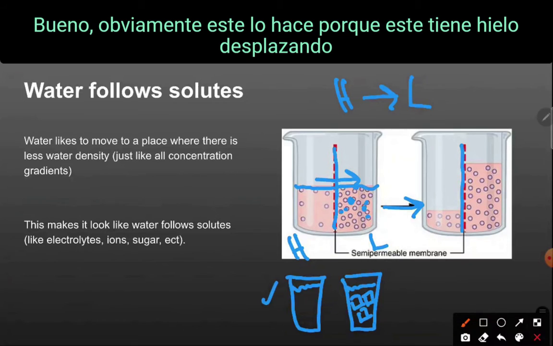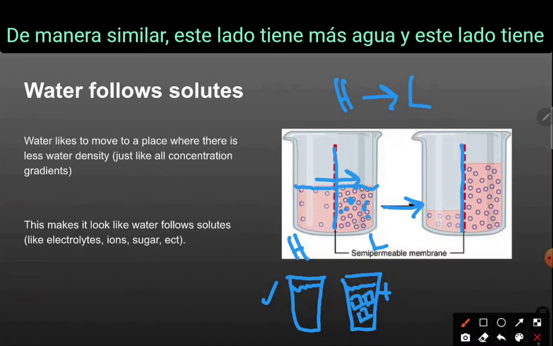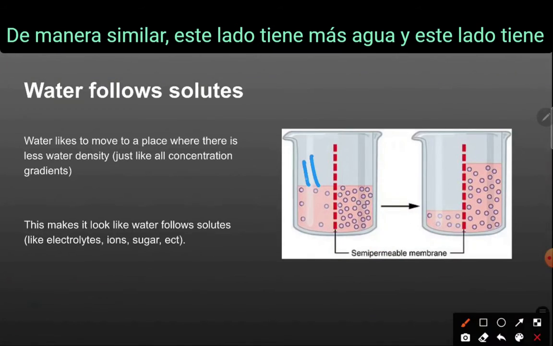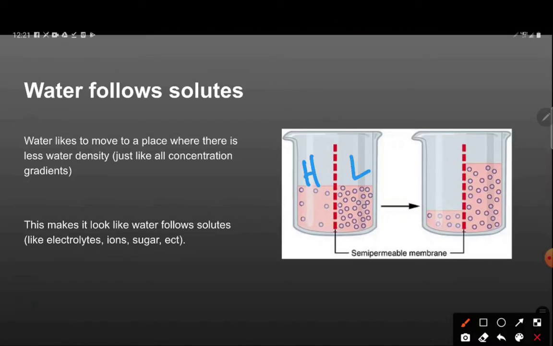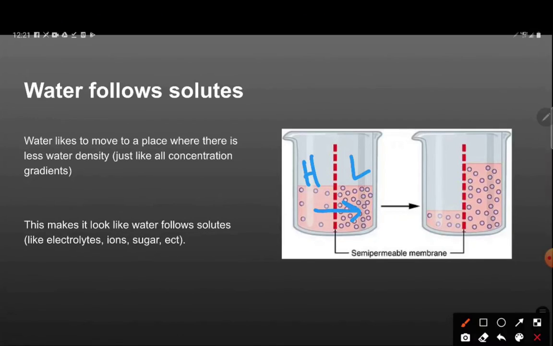Well, obviously this one does, because this one has ice displacing the water. In a similar way, this side has more water, and this side has less. So water will move where it can be less crowded.